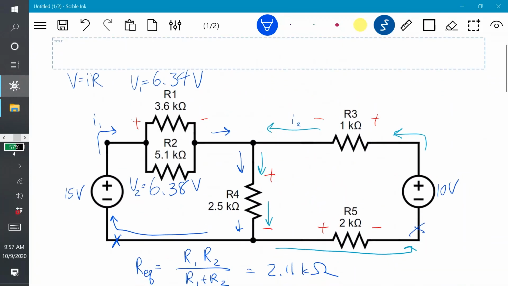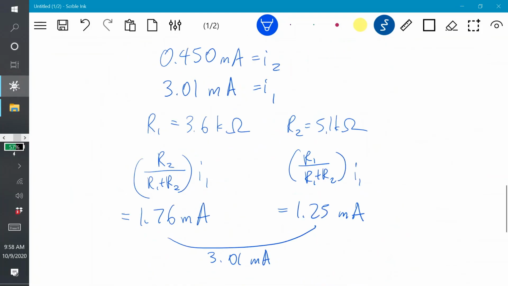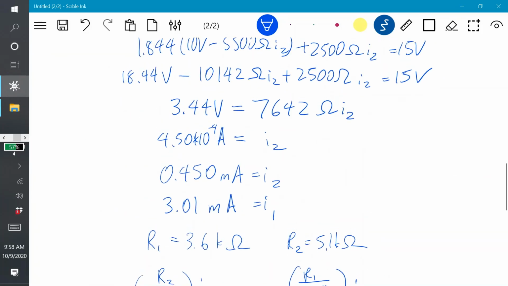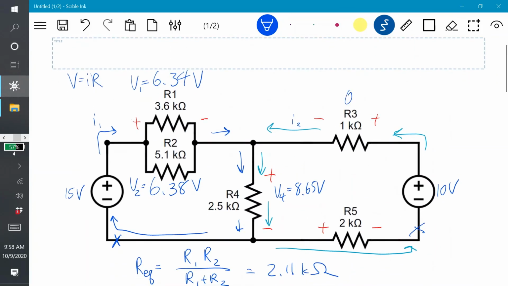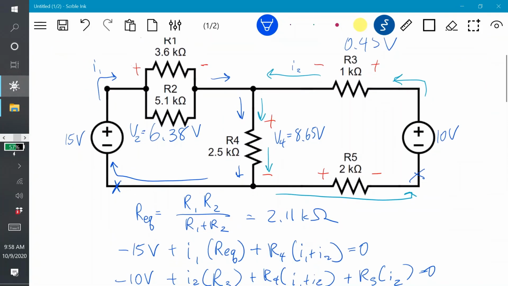And the voltage across R4 should be 8.65 volts. Great. Now what about R3? R3 is just 1000 times I2, which is 0.45 milliamps, which is about 0.45 volts. And for R5, 2000 times 0.45 milliamps is 0.9 volts.